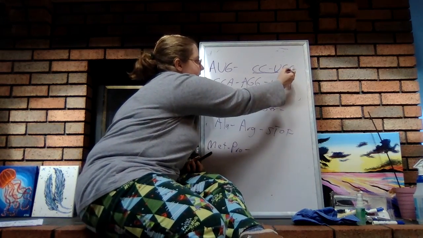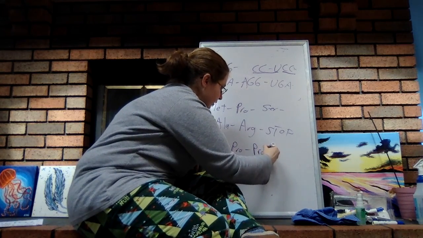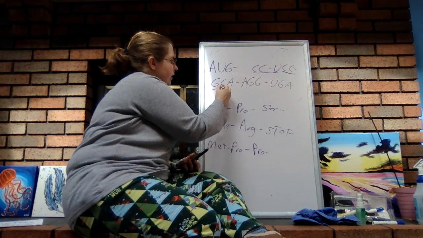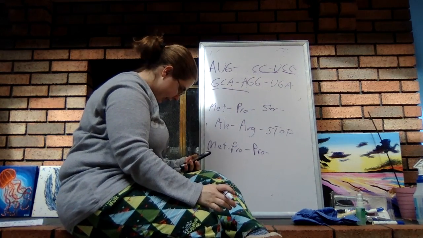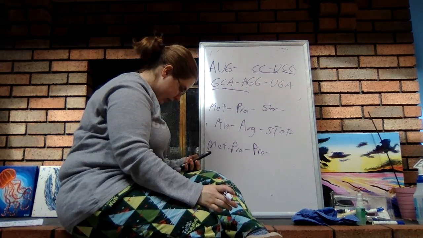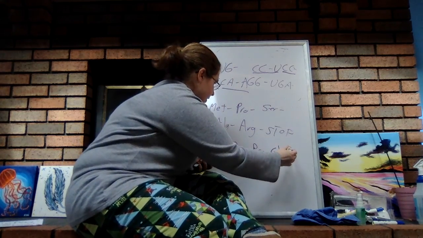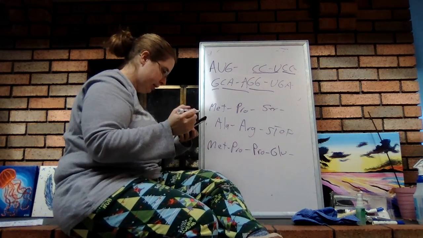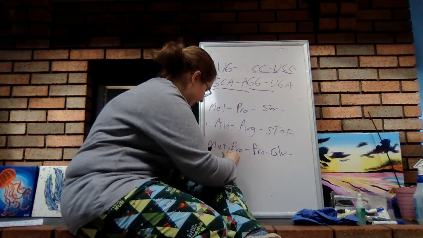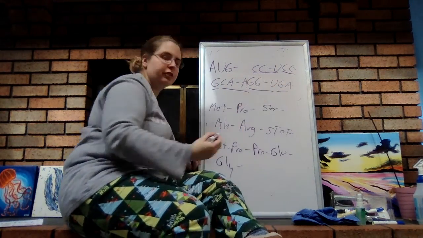And then we have CCG, which is also proline. And then we have CAA, which is glutamine. And then we have GGU, which is glycine, and then we have GNA.